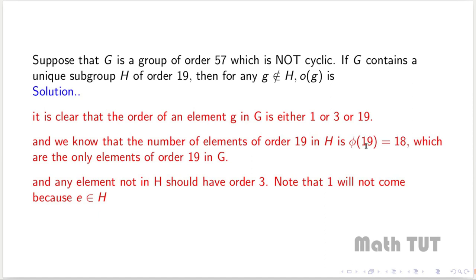In this case we get phi of 19, which is equal to 18. That is why we got 18 elements with order 19, and one element, the identity element, with order 1.